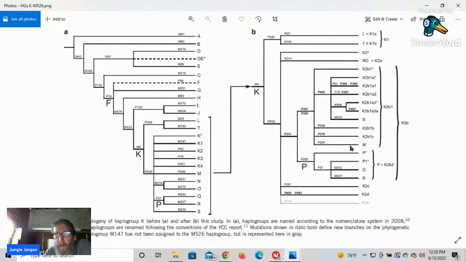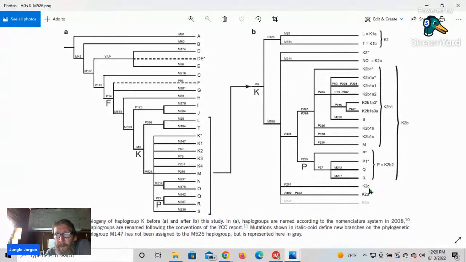Of course, P is a category as well, but it's the descendants of Gomer. Maybe it's Togarmah, I don't know, but Q and R are Madai and Gomer.